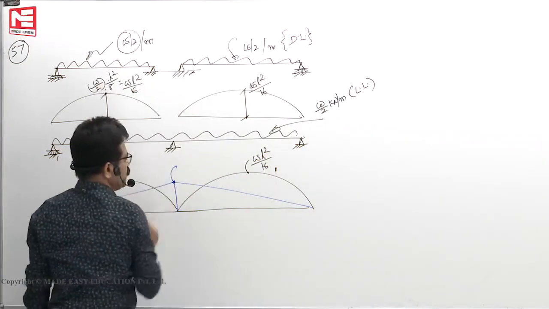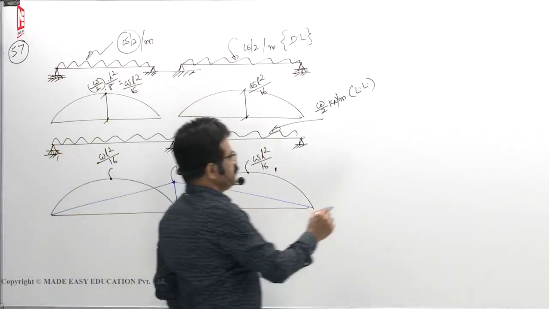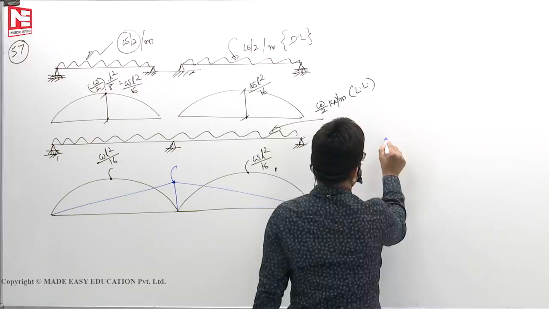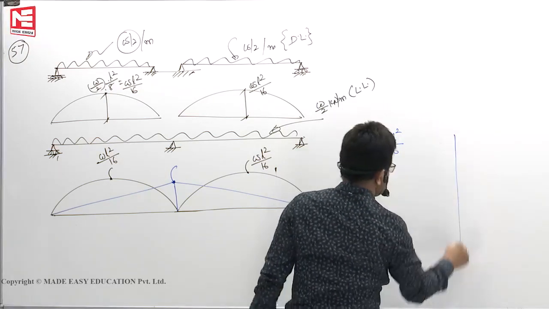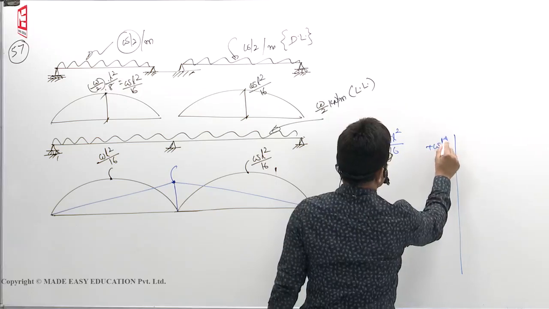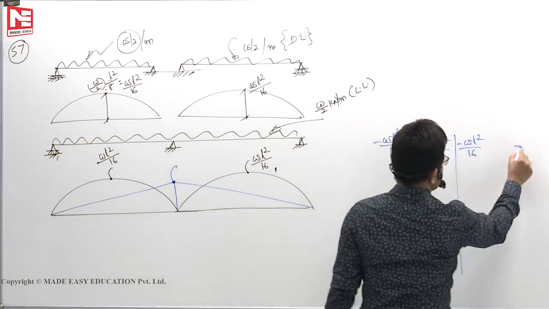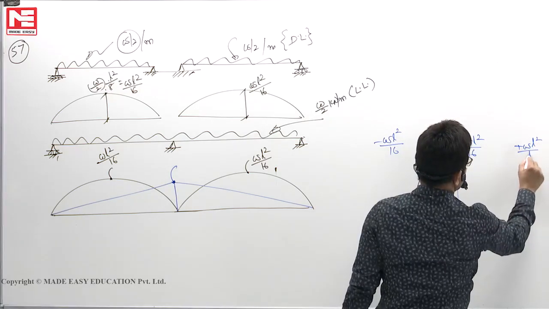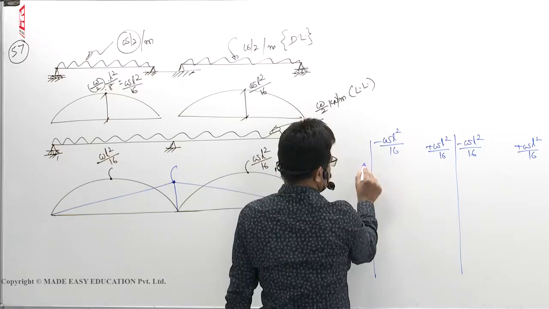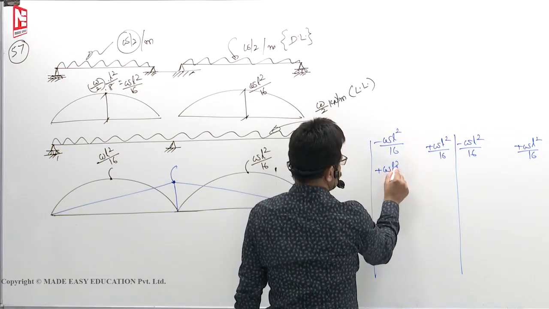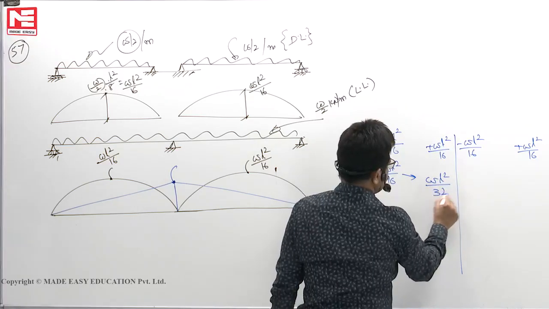How much is this value when continuity is there? WL square by 16. That we have to make it fast. Minus WL square by 16 plus WL square by 16 minus WL square by 16 plus WL square by 16. Then these are the fixed end moments. Release: you have to write plus WL square by 16, half of that plus WL square by 32.